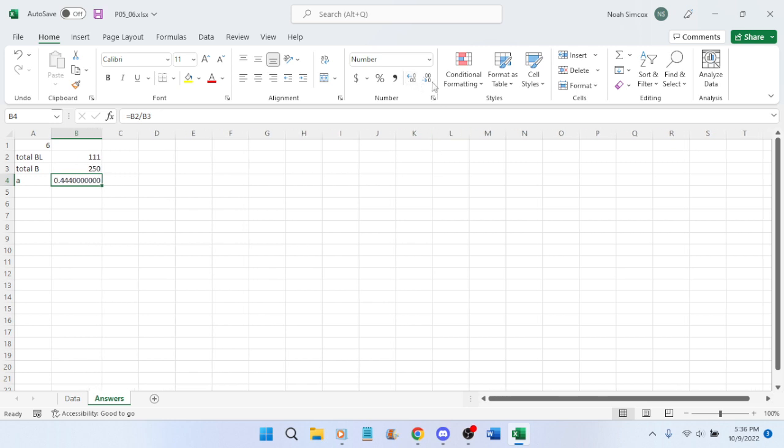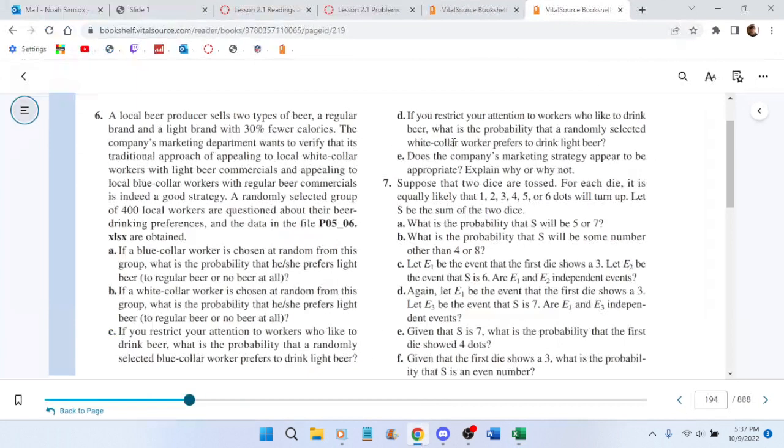Hey, look, it's exactly 0.444. We have figured out the probability using a very convoluted method that is probably not what we're supposed to do. I hate myself. It wasn't even that hard of a method.